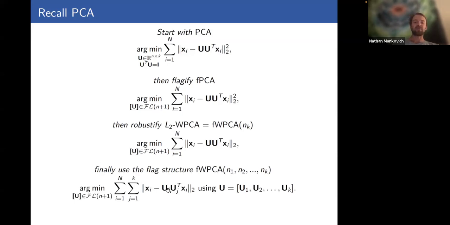And that's exactly what we do. So now all we did was write U as this block matrix and then separate this optimization problem into these block matrix optimizations. And this will give you something different, because you're actually solving a different optimization problem than you were solving to find L2 PCA.